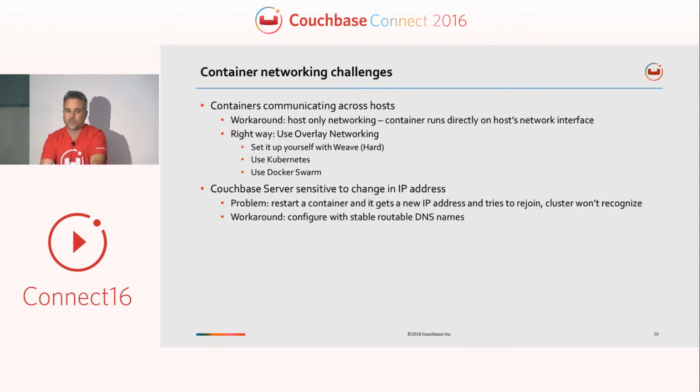You probably don't want to do this at home. There's something called Weave, and it's really hard to set up. If you want overlay networking, you're probably better off using something like Kubernetes, which gives you Weave networking for free, or something like Docker Swarm or Docker Cloud, which I think might use Docker Swarm under the hood. In that case, it's transparent. You don't have to think about the networking between containers across hosts. They just all have their own IP, and there are routes between them.